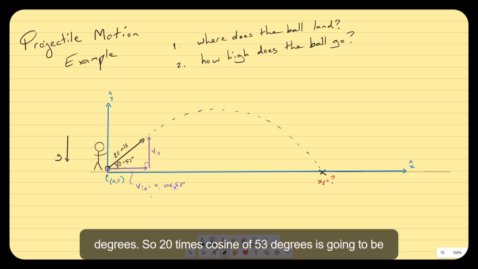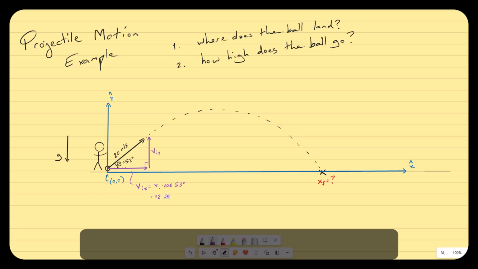So 20 times the cosine of 53 degrees is going to be 12 meters per second. V initial y is going to be v initial times the sine of 53 degrees, which comes out to be 16 meters per second.